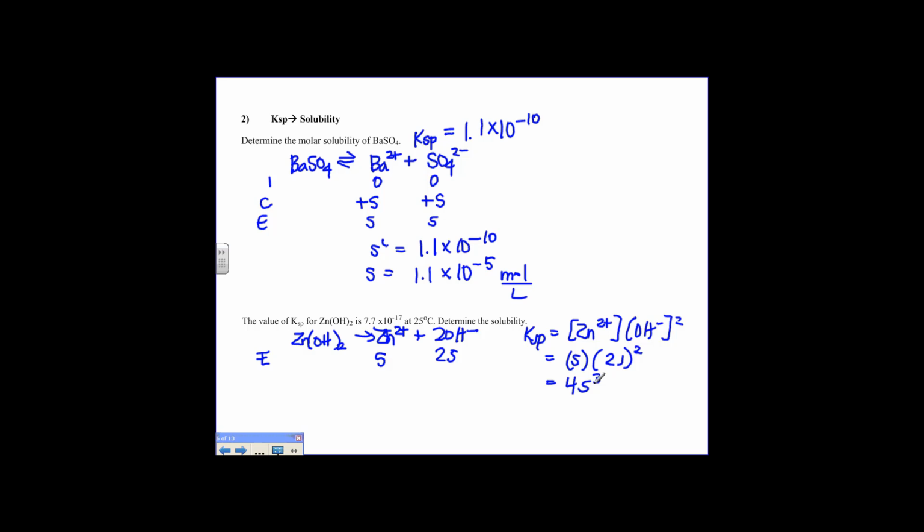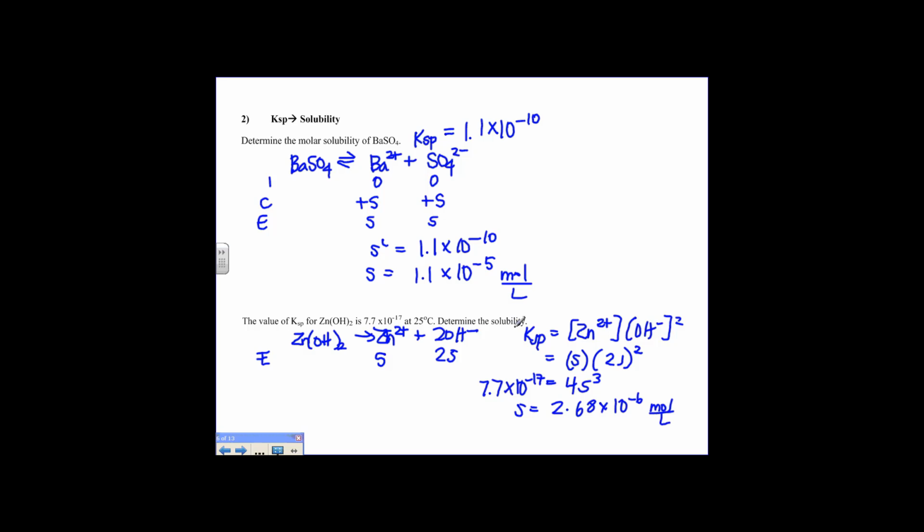When we look up the KSP value for this, we find that it is 7.7 times 10 to the negative 17. When we solve for S here, we get 2.68 times 10 to the negative 6 moles per liter. So the solubility here is in moles per liter. So this is the molar solubility, but we're asked for solubility.